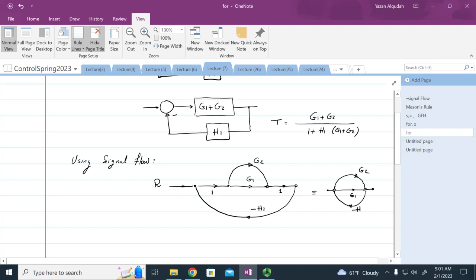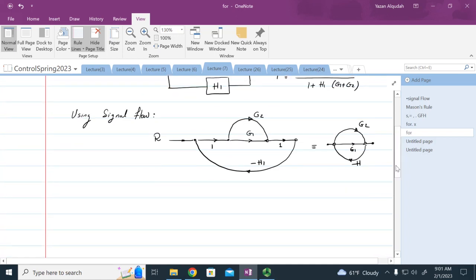These are the same. However, here it's more clear which loop is touching or not, versus here you have to understand that this is coming after and this is coming after. Does that make sense? Okay, so looking at this, straightforward now. What is T1 equal to? How many forward paths do we have? Two. We have T1 equal to G1, and T2 equal to G2.